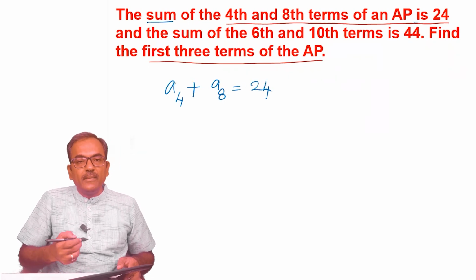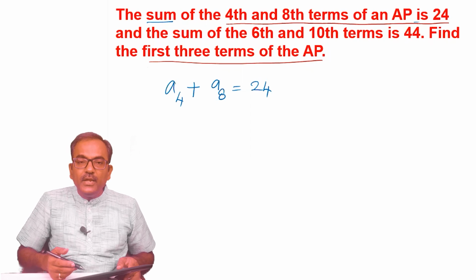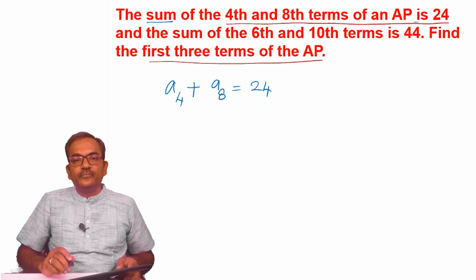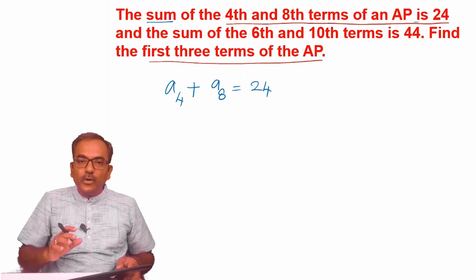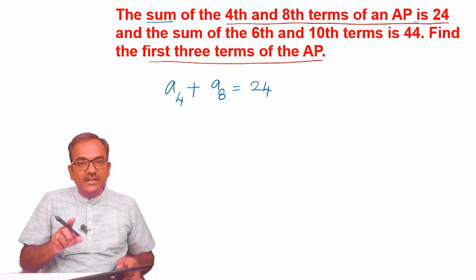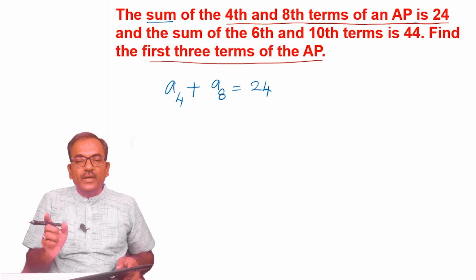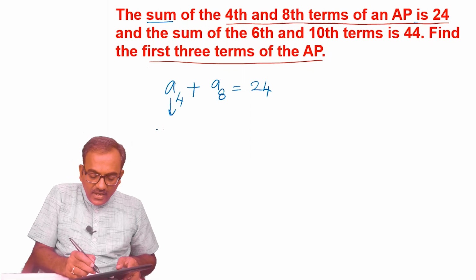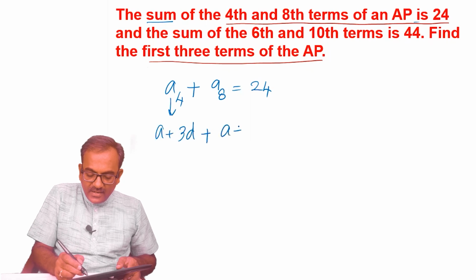So what do you understand by this? Simply A4 and A8 don't help us to solve the problem, because the problem always lies with the definitions of a and d. Let me convert A4 to a and d, and A8 to a and d. A4 is a plus 3d and A8 is a plus 7d.